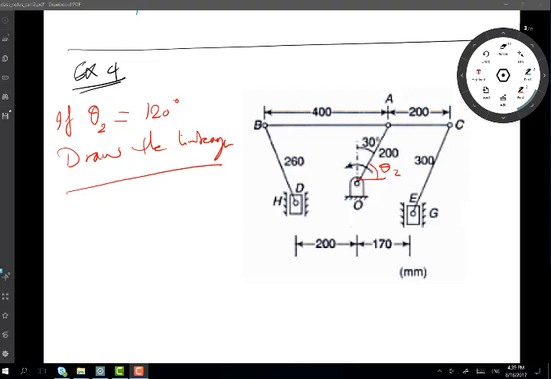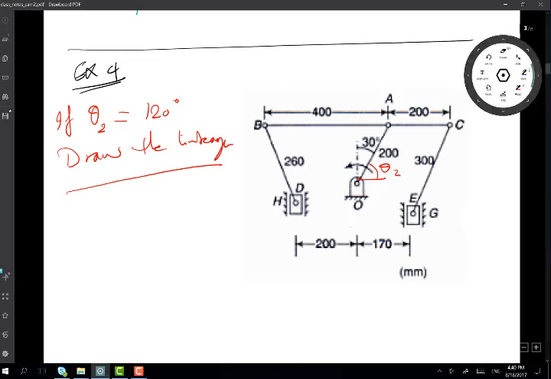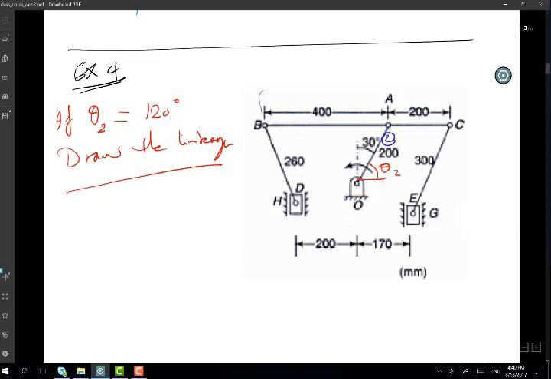Now, was it possible to do this linkage by just one value of theta2 given? Well, if it was not, the reason is this is not a single degree of freedom linkage. If we calculate the degrees of freedom, let's do this together. I have link number 2, this whole thing is one link.